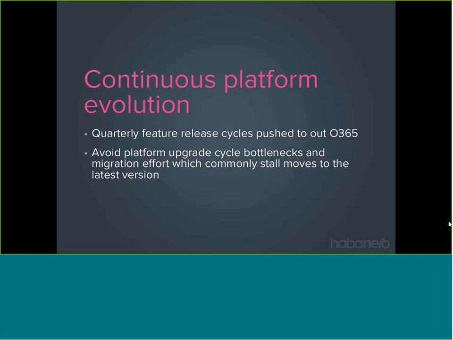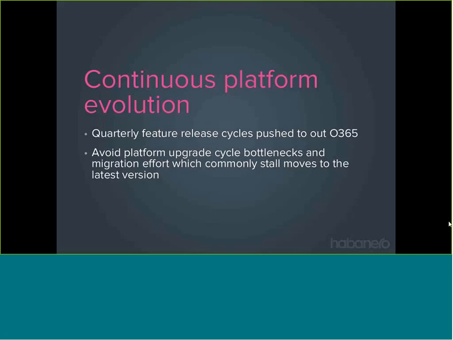Continuous platform evolution. So as we've mentioned, SharePoint Online will see a continual release of features every 90 days. So you're continually experiencing and benefiting from the latest and greatest, with new updates being pushed out to production at a very unprecedented cycle.